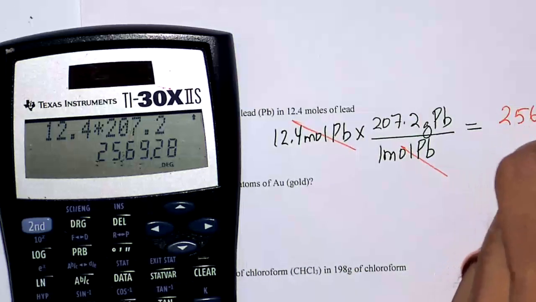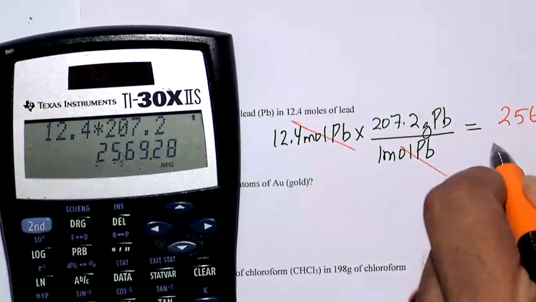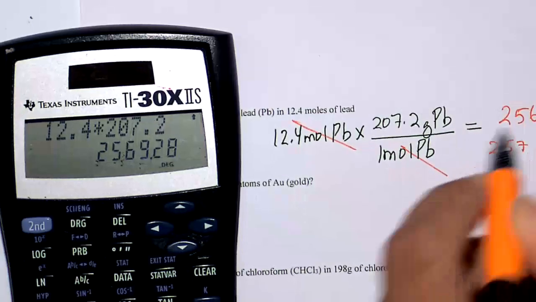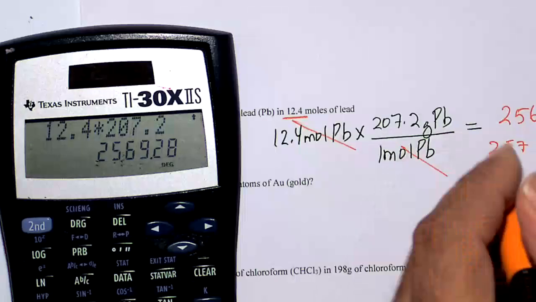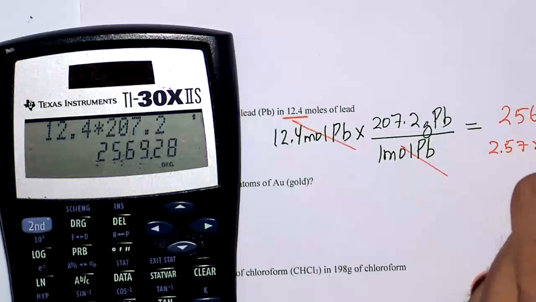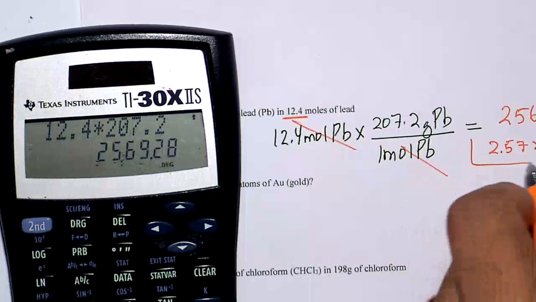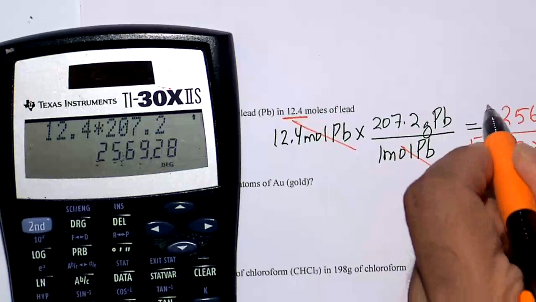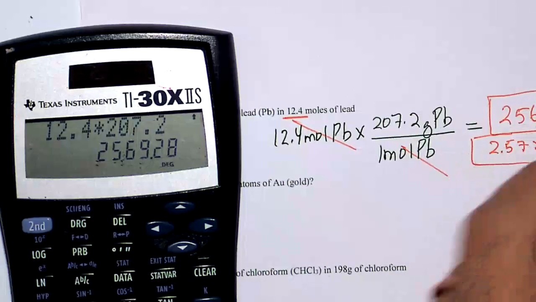So you can go like this, grams of lead. You can even go 2.57 if you want 3 sig figs times 10 to the third grams. I'll take either one. That's fine.